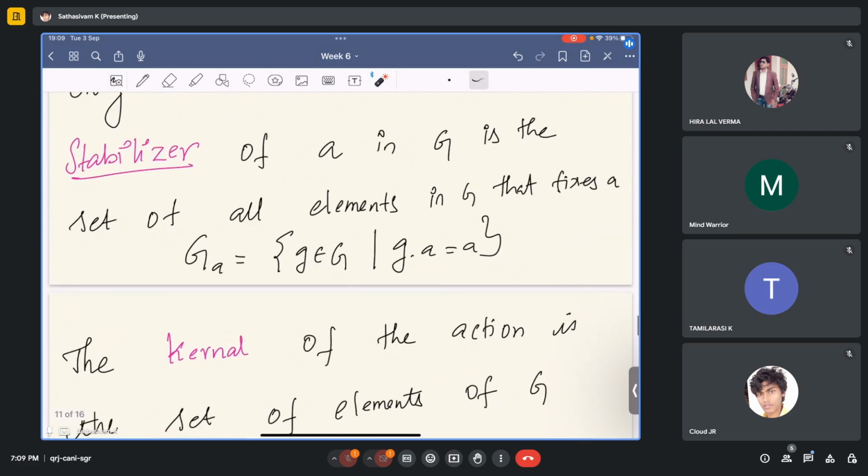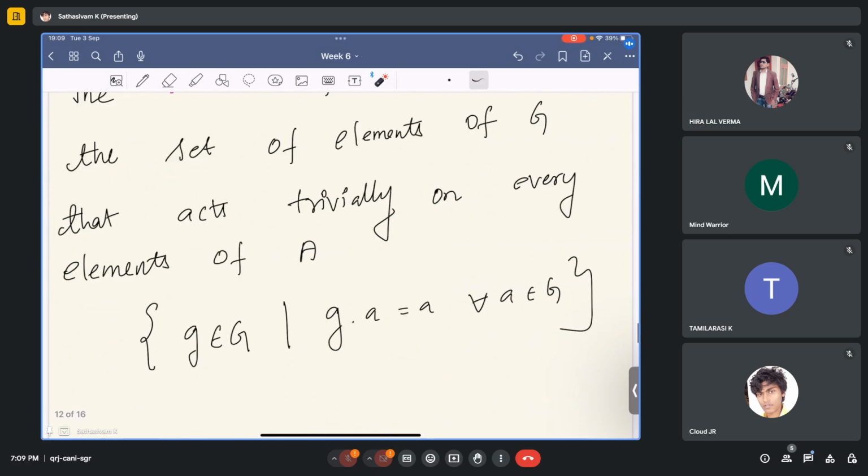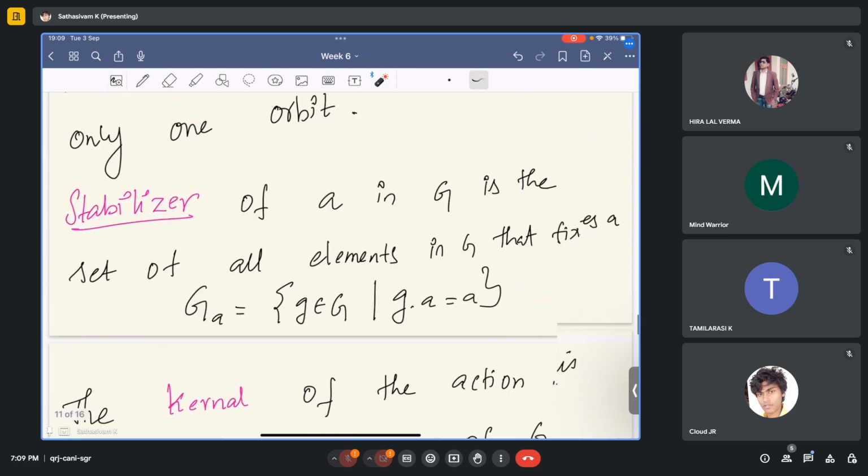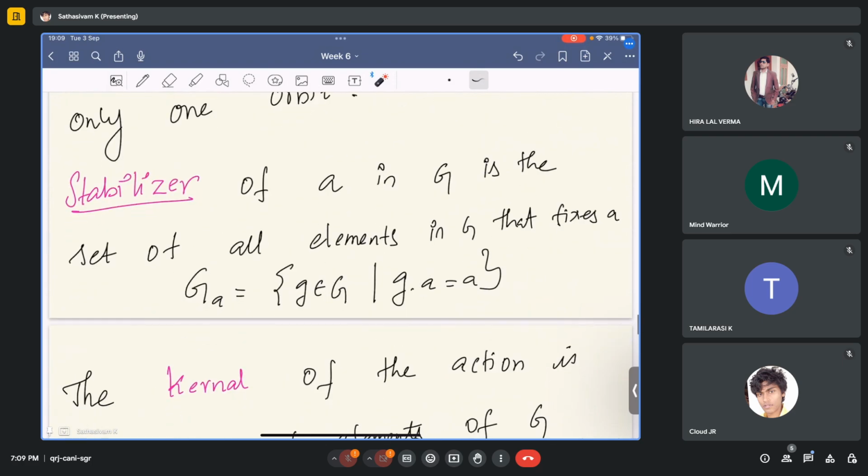In the stabilizer, these are the G which do nothing to this particular A. The kernel is the set of all G which do nothing for any A. Maybe take 30 seconds or so to read it and try to understand it. It might take a while.